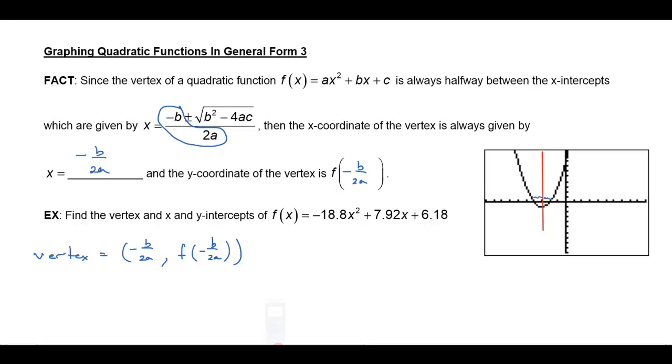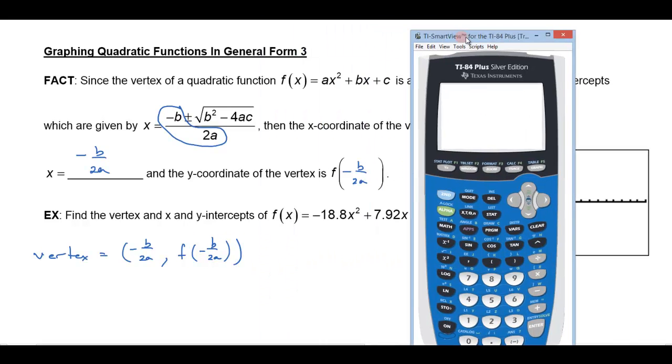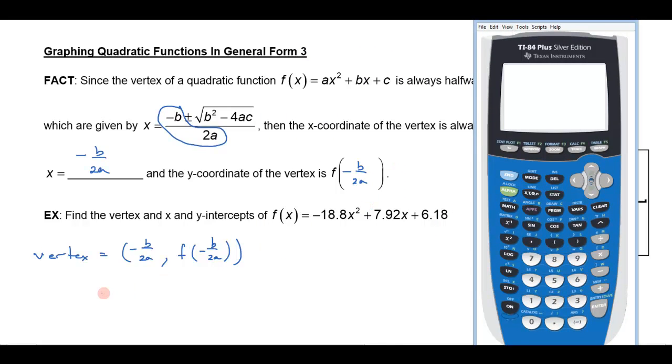So let's take my calculator and figure this out, especially since these have decimals in them. That's a negative b, so negative 7.92, divided by the quantity 2 times negative 18.8. That gives me a nasty decimal, 0.21063.